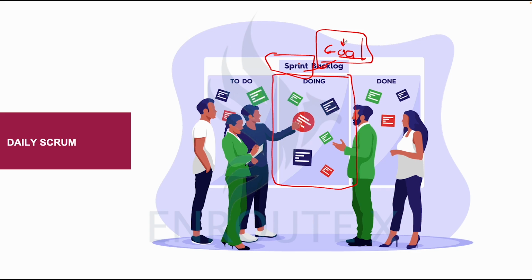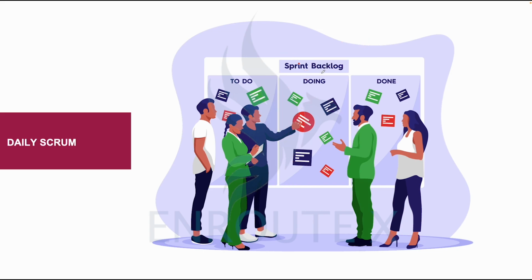However, that question, what did you do yesterday, is what did you do as related to the sprint goal. Every conversation should focus on the goal that the team is working towards at the end of the sprint. What was done yesterday?